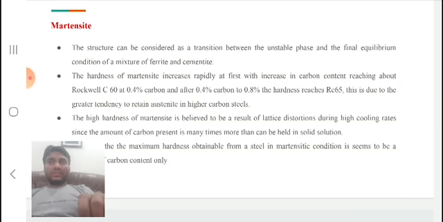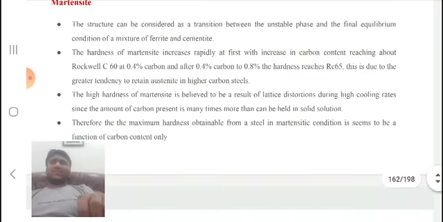The high hardness of martensite is believed to be a result of lattice distortions during high cooling rates, since the amount of carbon present is many times more than can be held in solid solution. Therefore the maximum hardness obtainable from a steel in the martensite condition seems to be a function of carbon content only.